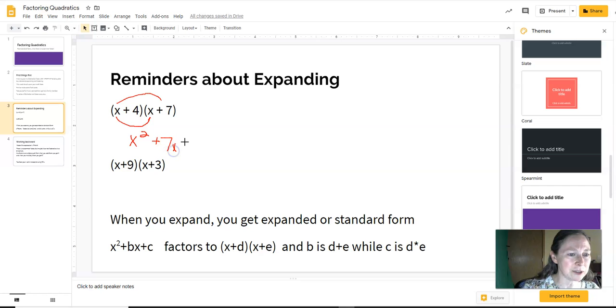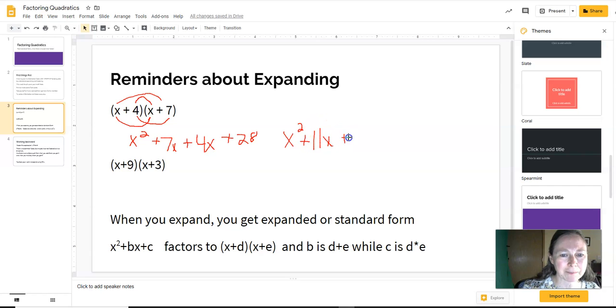Then you do the inside terms, those terms right there. And then you do the last terms, so 4 times 7. Then you have to simplify, so we add together the terms in the middle.